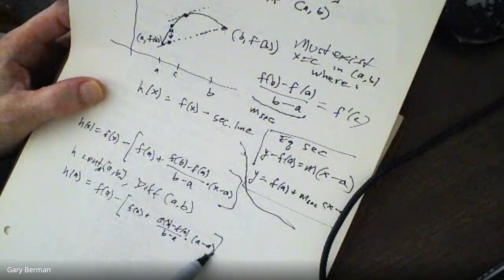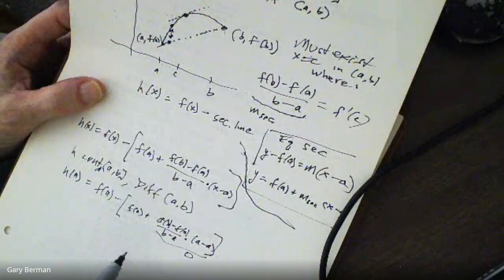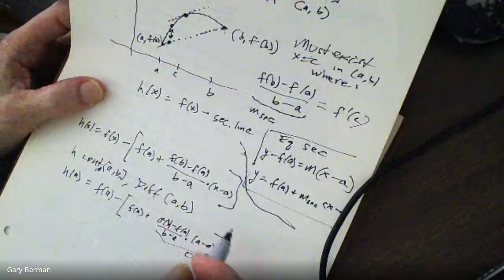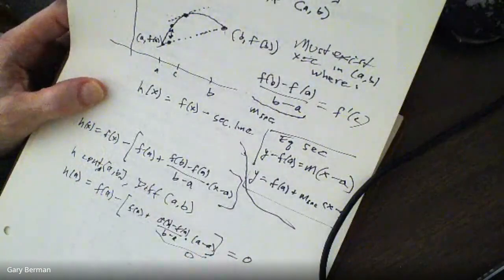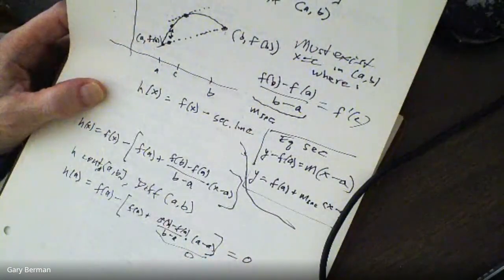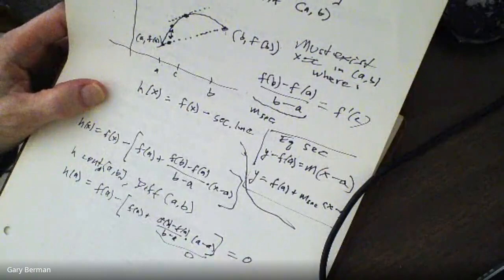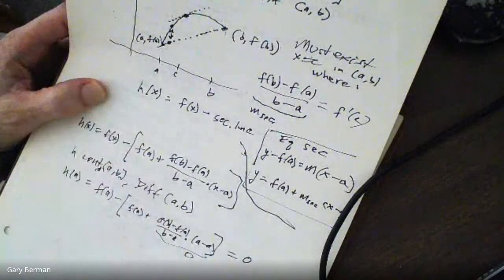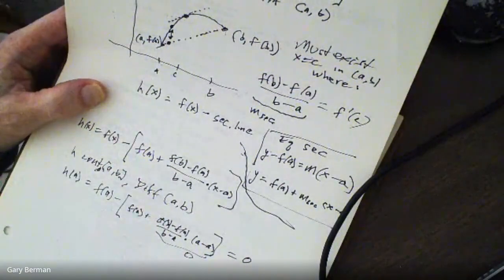A minus a is 0, so this entire term here is 0. This is f of a minus f of a, that's also 0. So h of a is 0. The function h at the point x equals a equals 0. Yes, that's exactly why we rigged it this way. As I showed you geometrically, that's where the idea comes from: the distance between the curve and the straight line at x equals a is 0.